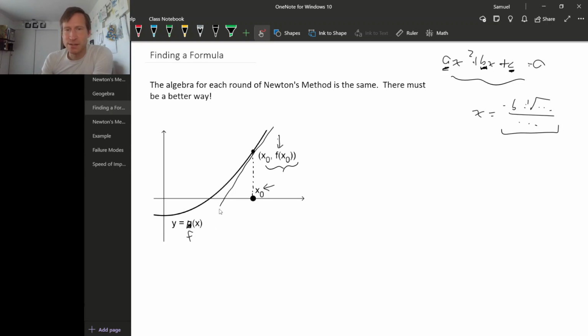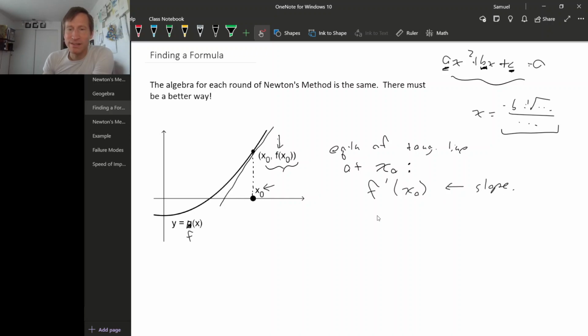So for the equation of the tangent line at x naught, well, we need the slope of this tangent line, but that's going to be the derivative of the function at this x value. So there's our slope.